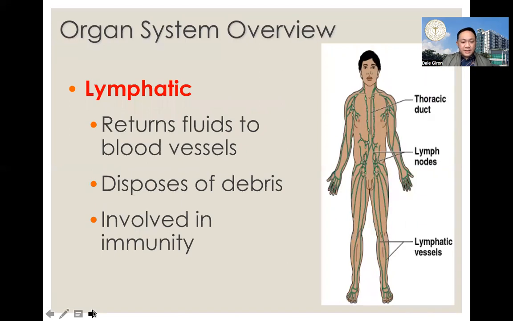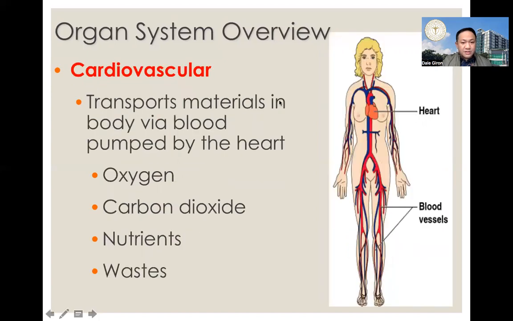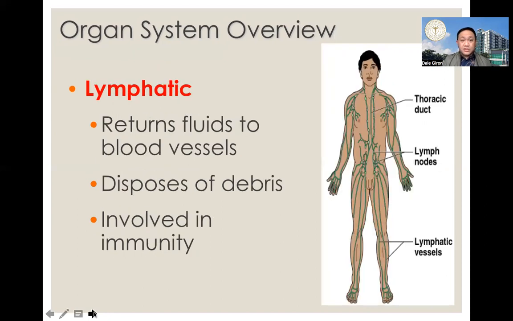Okay, just like the cardiovascular system, the lymphatic system also uses vessels. If you look at the cardiovascular system, it uses blood vessels, so it contains blood, either oxygenated or unoxygenated. But the lymphatic system uses lymphatic vessels, and it contains lymph. Lymph is very much involved in immunity, especially now that it's a pandemic.